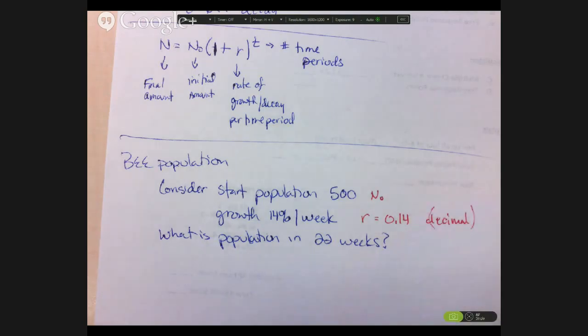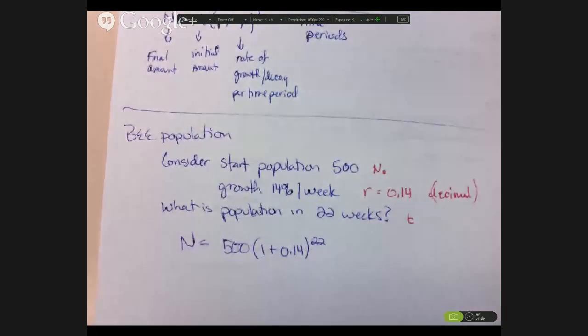So keep that in mind, and then 22 weeks goes in for T. So final amount equals that right there.